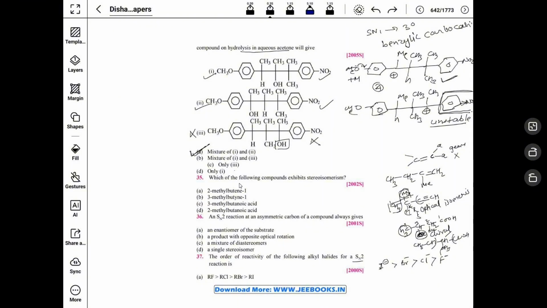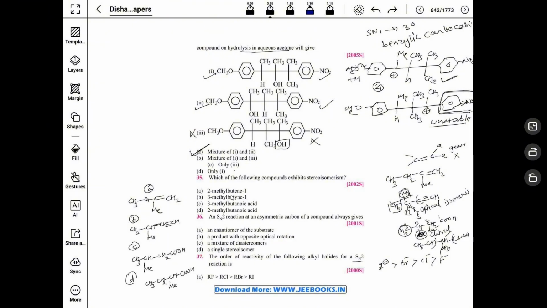Now moving to the next question: which of the following compounds exhibits stereoisomerism? 2-methyl butene, 3-methyl butane, 3-methyl butanoic acid, 2-methyl butanoic acid. So we have to draw the structure of each compound. These are the structures of the given options.